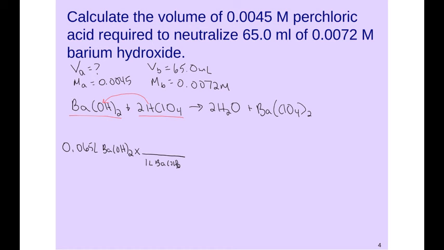So we know our molarity is 0.0072, so there are 0.0072 moles of barium hydroxide per 1 liter. Now we can use our balanced chemical equation to convert from our barium hydroxide, 1 mole of barium hydroxide, for every 2 moles of our perchloric acid.